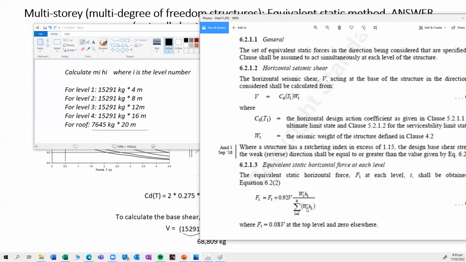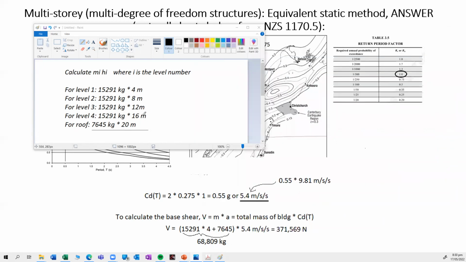It means the sum of WiHi, W1H1 plus W2H2, the summation sign that you would have done in mathematics. You guys do that. It'll take about a minute to add all that up, because you can just do 16 plus 12 plus 8 plus 4 times that, then add that. So quickly calculate the overall.